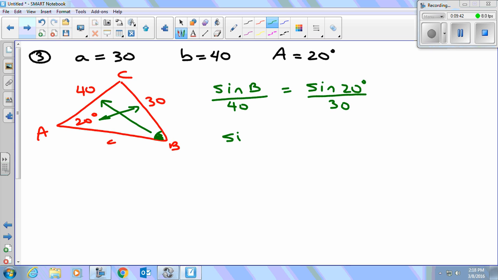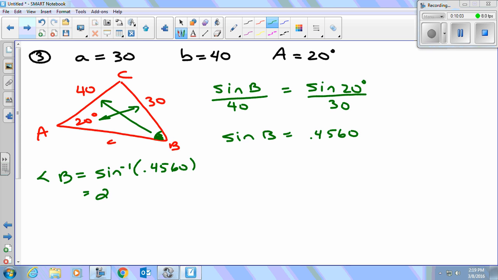And we'll rearrange that with our calculators and get sine of B equals 0.4560. So again, we'll use the inverse sine, and we'll get that B is 27 degrees.